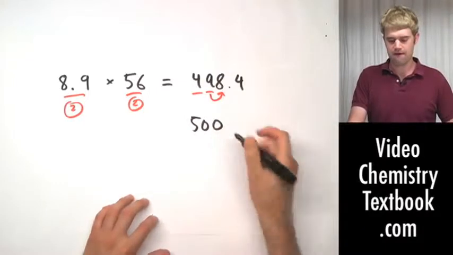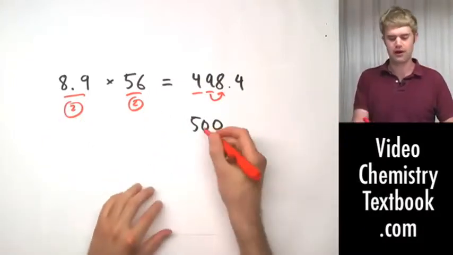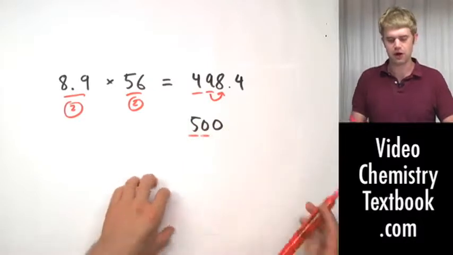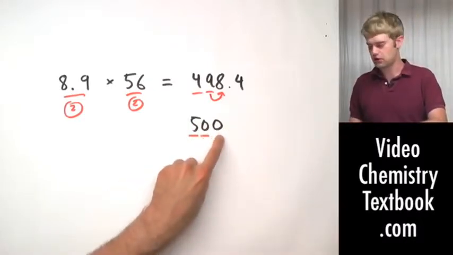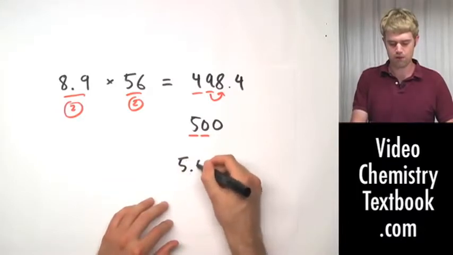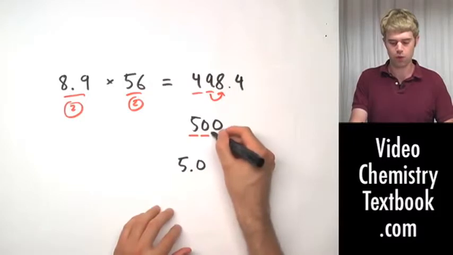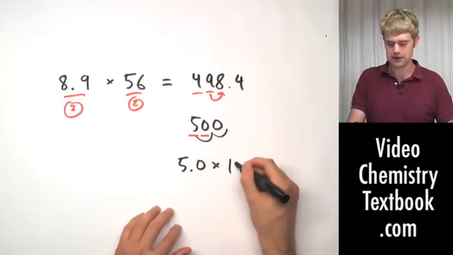So I'm going to get 500. But there should be only two significant figures in my final answer. So I keep the 5 and I keep the 0. This 0 is significant, the 0 to the right is not significant. So I will write this as 5.0, two significant figures, move the decimal place over, 1, 2, times 10 to the second.